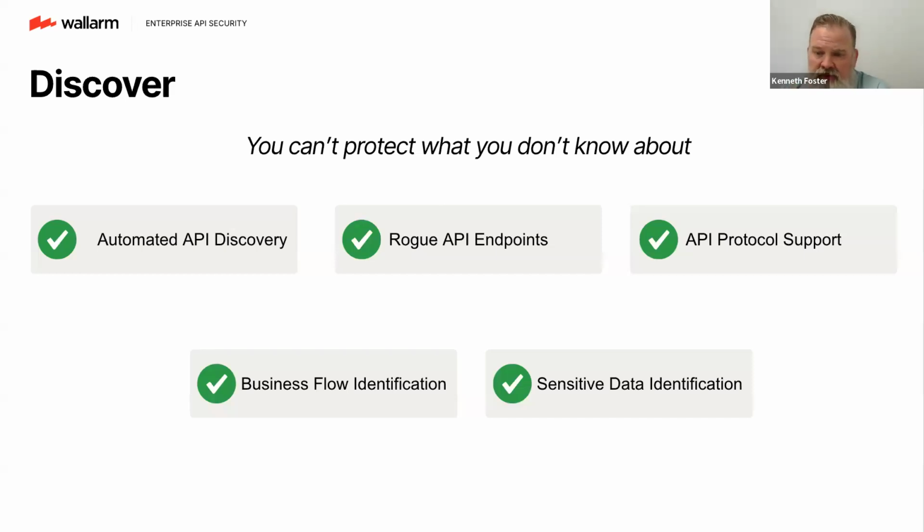And I'm going to go back to something else that covers both APIs and AI: a good data governance program, right? Understanding what those APIs are connecting to and what type of data they have access to. It's a problem for both AI and API in today's world.